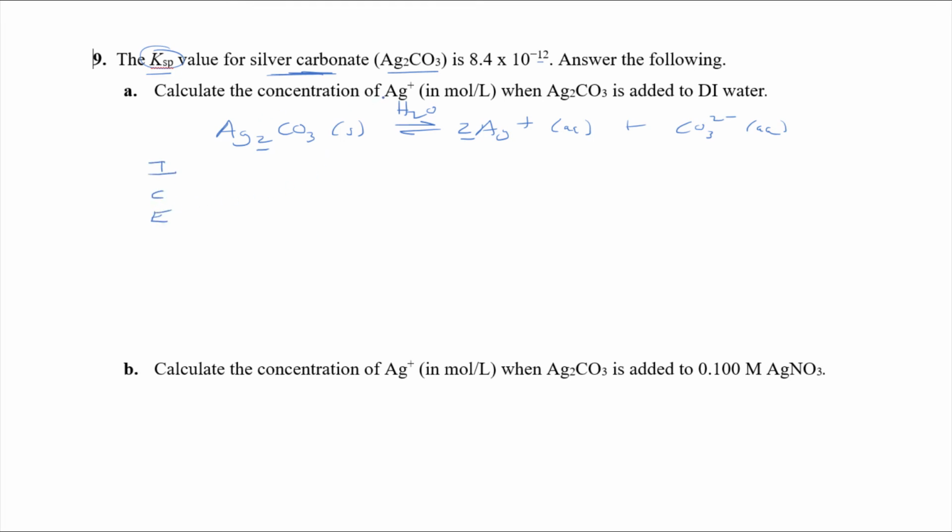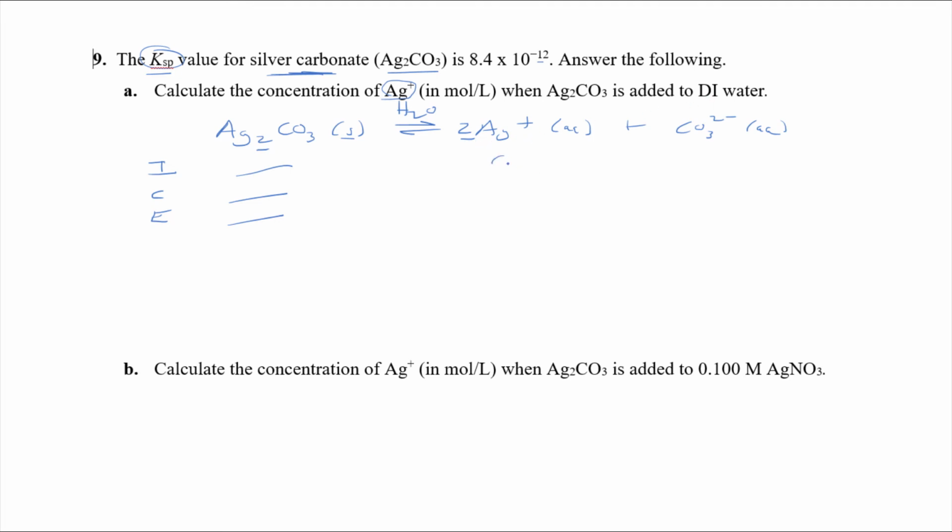So here you're going to say, okay, I want to find the silver ion concentration and molarity. And here we got DI water. So the nice thing about the ICE table, right, is that this is a solid. Remember, pure solids, pure liquids, we don't care about them. They are not involved in the equilibrium expression, so don't worry about that. We've got the silver. Now, initially, did we add any silver?